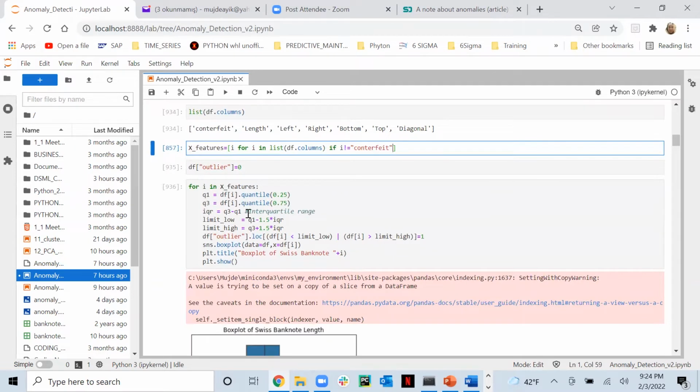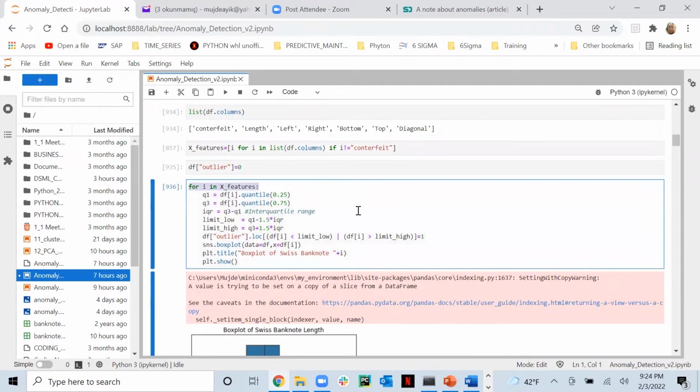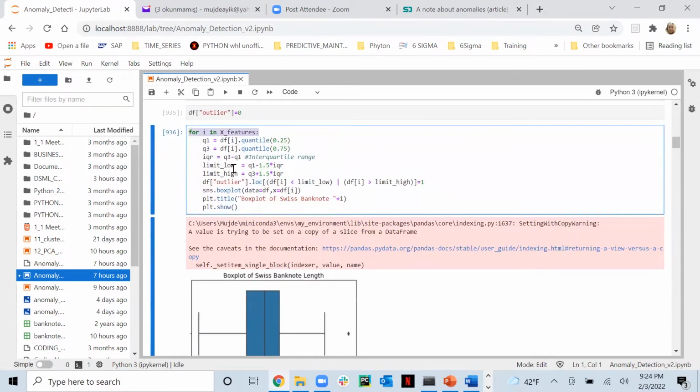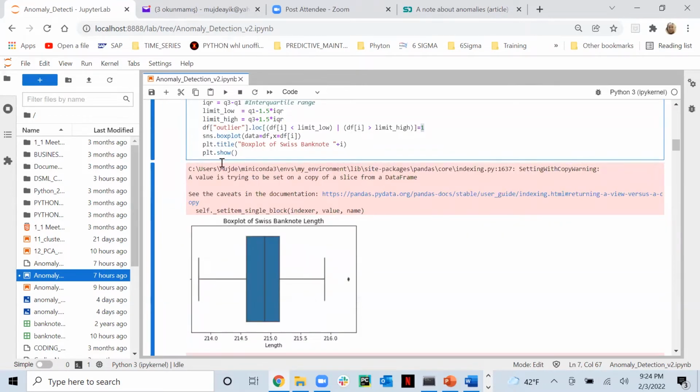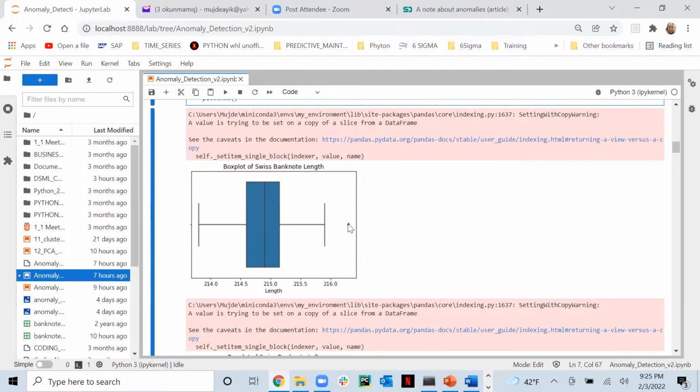I'm looping over the features and getting the lower and upper quartile limits. Once the observations are beyond those limits, I'm labeling them as outliers, or anomalies. And once I plot the box plots, I see that there are these outliers here.